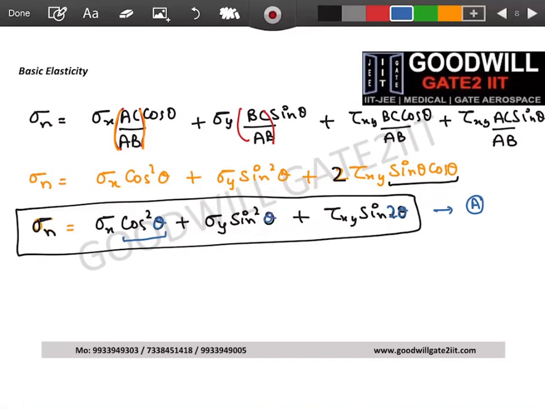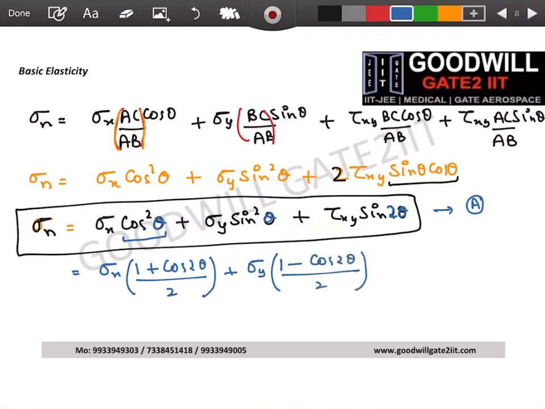People don't like this, so they convert everything into one format. Similarly, sine square theta is 1 minus cos 2 theta divided by 2, and this term is as it is. Now I'm writing the final formula, which I expect everyone to memorize after this.